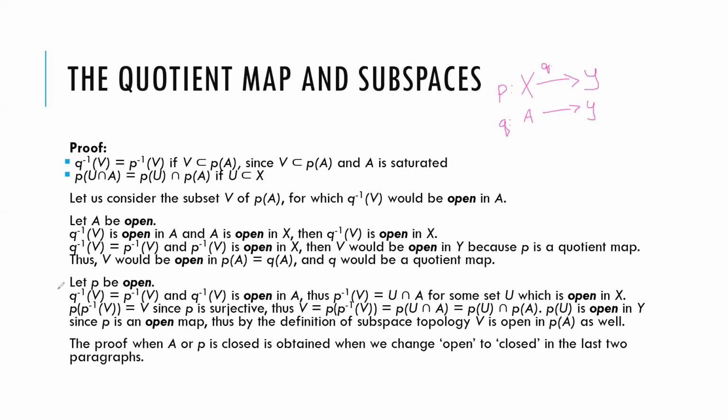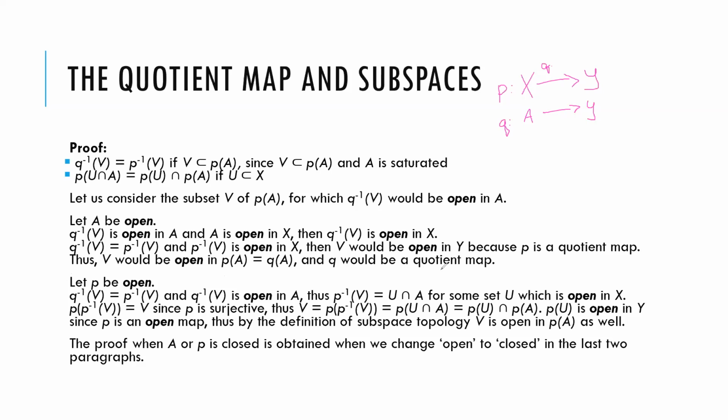Let us consider the other option where P is open. So we have Q inverse of V equals P inverse of V, and Q inverse of V is open in A. So P inverse of V would equal U intersecting A for some set U, which is open in X. And P of P inverse of V equals V since P is surjective.